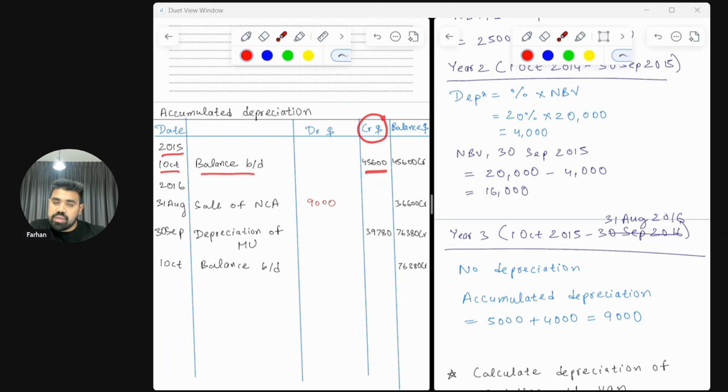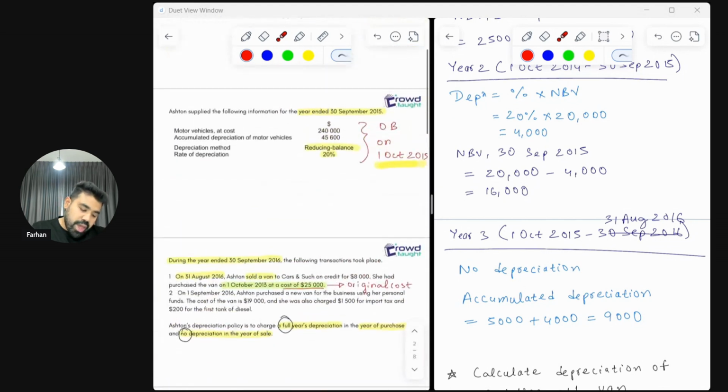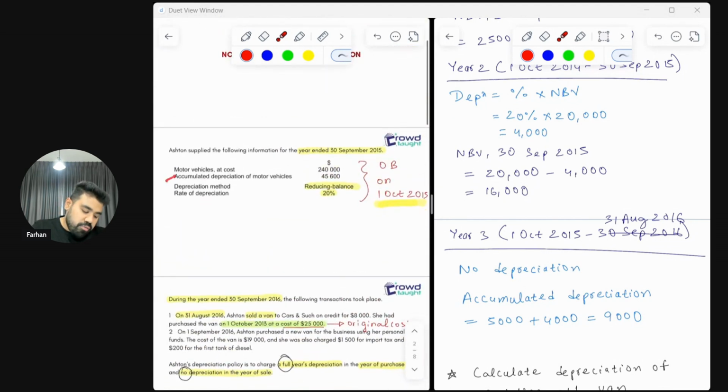Now, all assets by default should have an opening debit balance, but contra asset, because it records the reduction for assets, it should always have a credit opening balance.